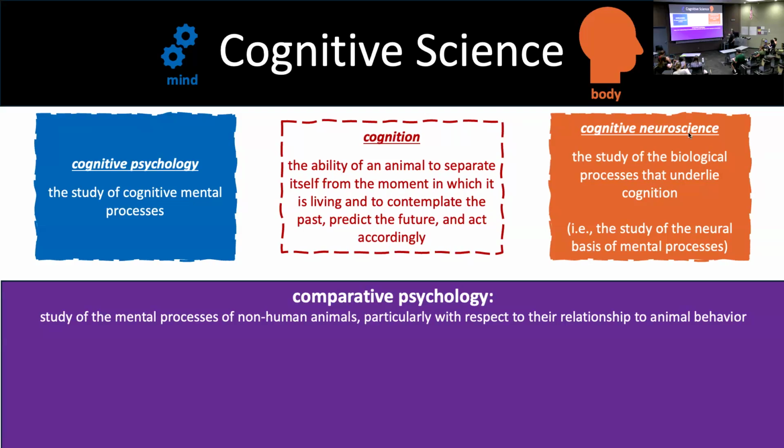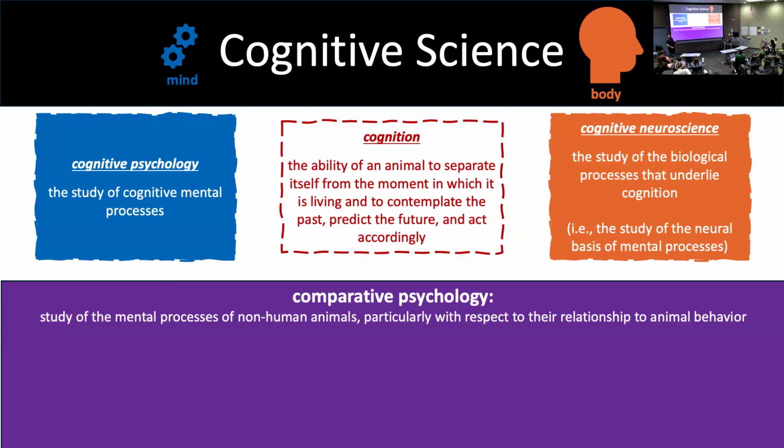And then there's cognitive neuroscience, which tries to put the body back into it. So if you take for granted that sadness exists, that happiness exists, et cetera, where is the center for sadness in the brain? That's a question from cognitive neuroscience. It links the cognitive ideas to the physical matter once again.